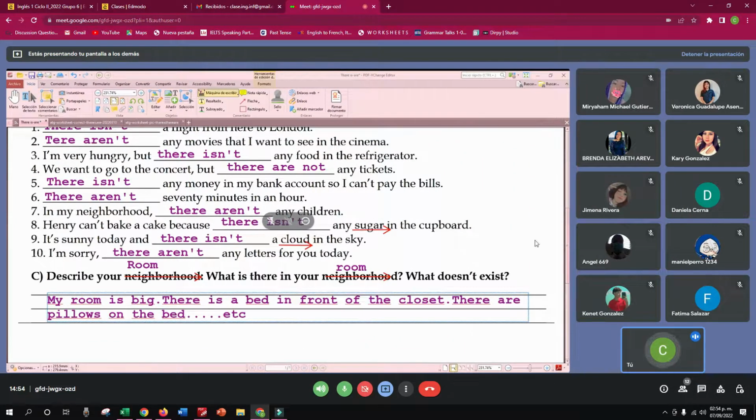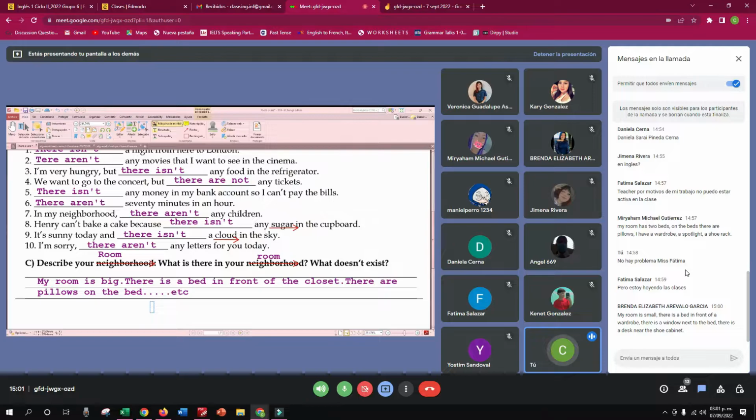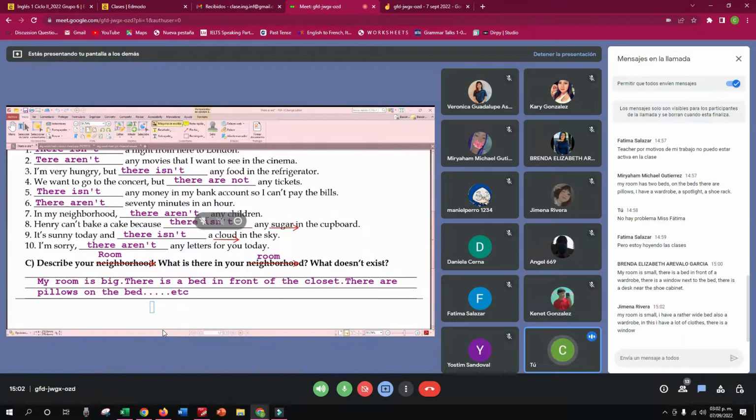Y describan su cuarto. ¿Cómo ustedes describirían su cuarto, chicos? Justin, te acabas de agregar, ¿verdad? Estamos haciendo un ejemplo, un pequeño párrafo describiendo lo que hay en tu cuarto, Justin. Si está Jeffrey por ahí, igual puede trabajar ahí contigo en viendo qué es lo que hay en su cuarto utilizando there is, there are, así como el ejemplo del literal que tenemos ahí.